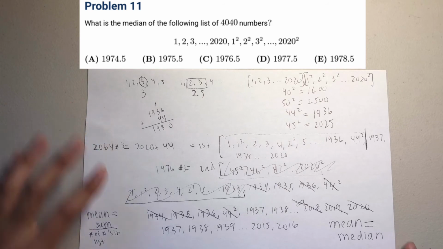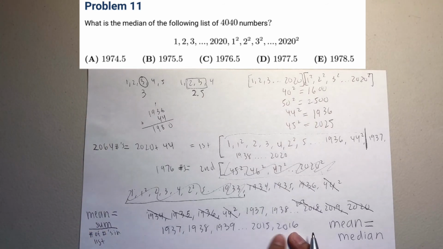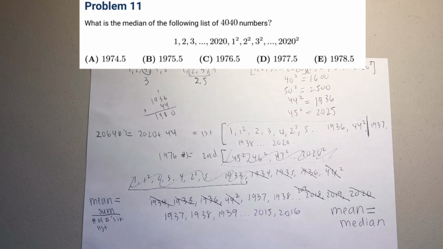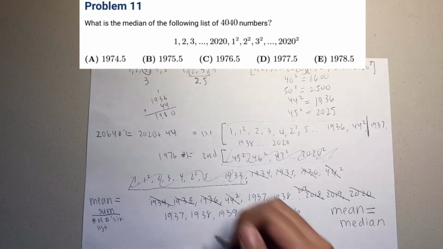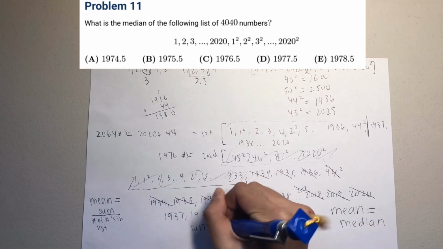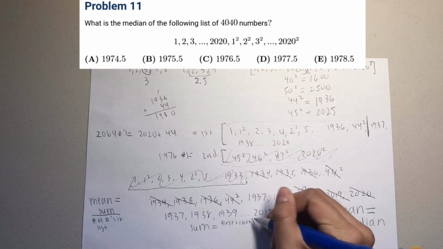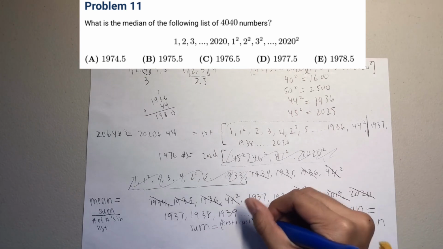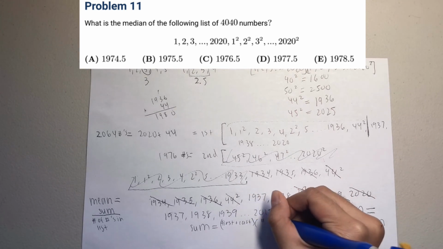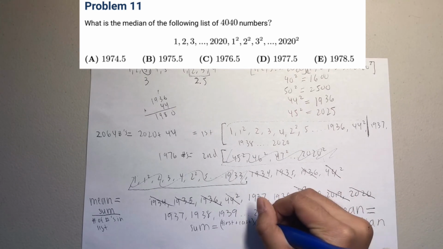So first we're just going to find the sum. And for a list of consecutive integers, again, there's another special rule that says that the sum is equal to the first plus the last times the number of numbers there are, divided by 2.